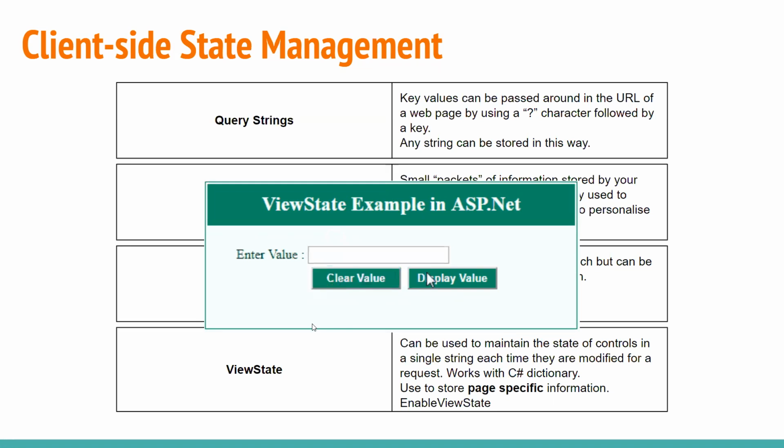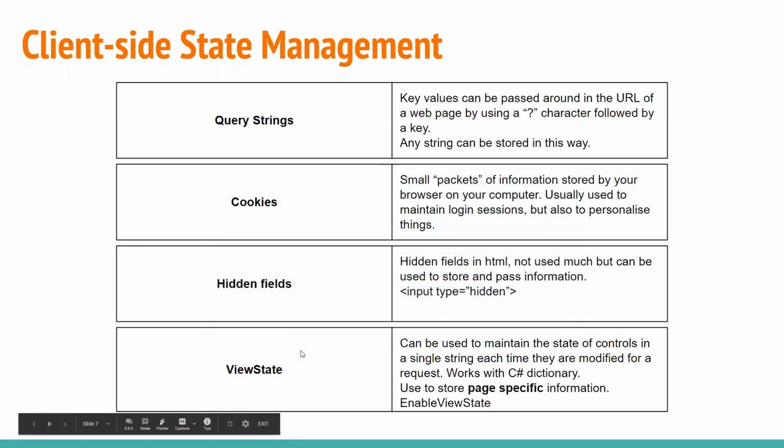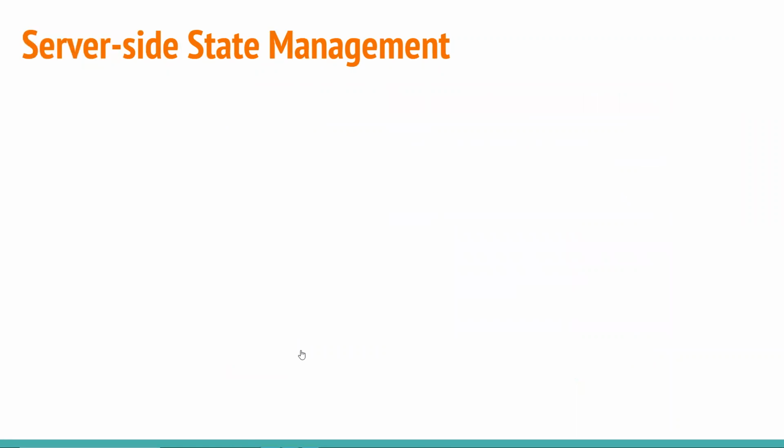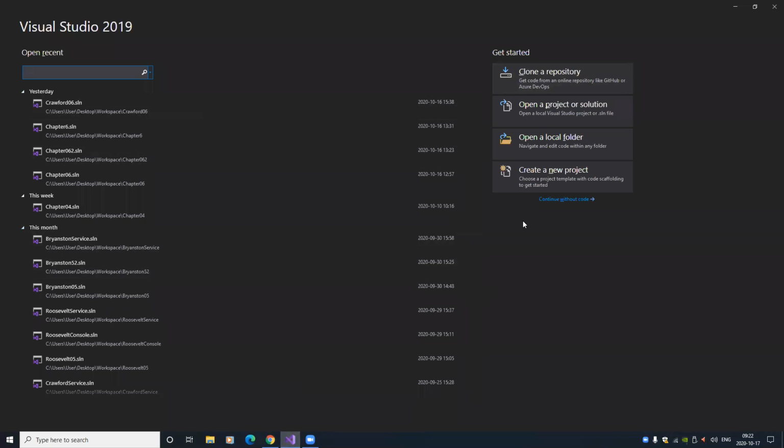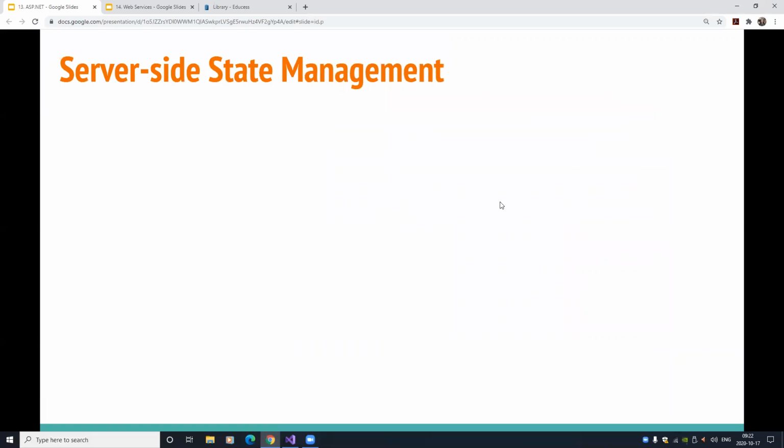You can imagine you saved a hidden field there, and when you click display value, it just displays the hidden field. You could do this in multiple different ways. But if you ever want to store page specific information, you can type enable view state equals true in Visual Studio, and then you can use that view state. It's not super common, especially outside of C# or ASP.NET, but maybe we can demonstrate it if we have time.